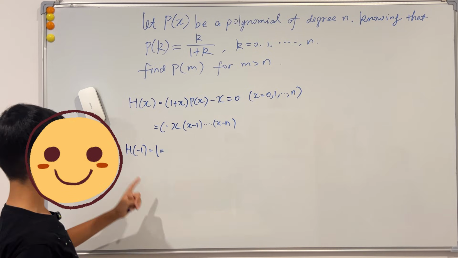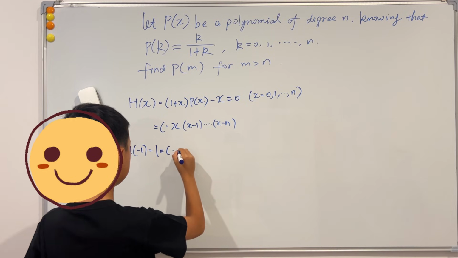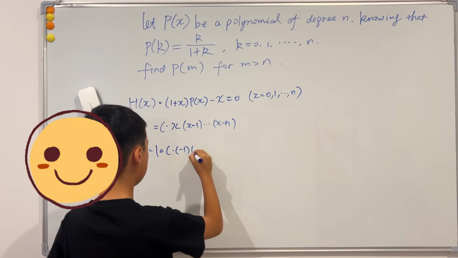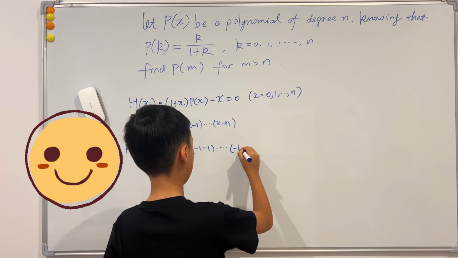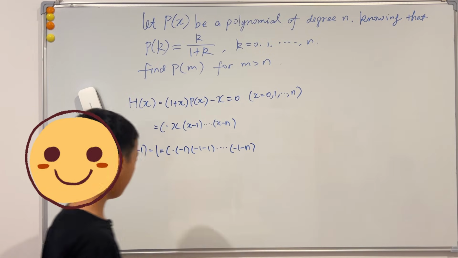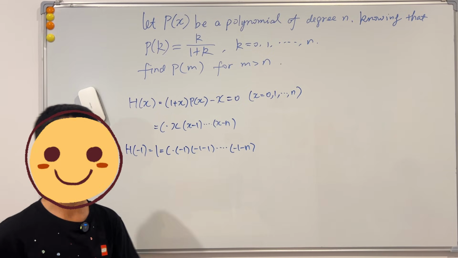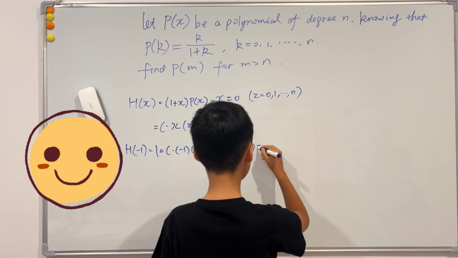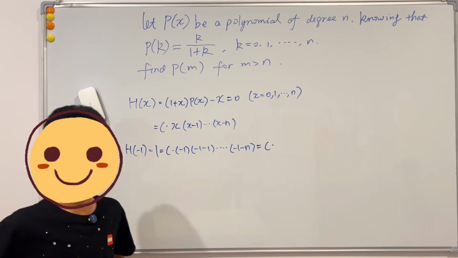And also, if we plug in negative 1 to this, then we'll see it is c times negative 1 times negative 1 minus 1, all the way to negative 1 minus n. Okay, now we see there are so many negatives, and we don't like that. We like positives. So I want to take out all the negative ones.